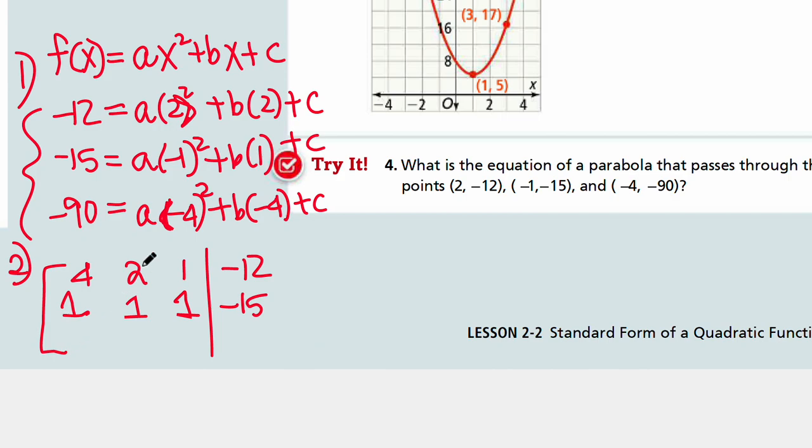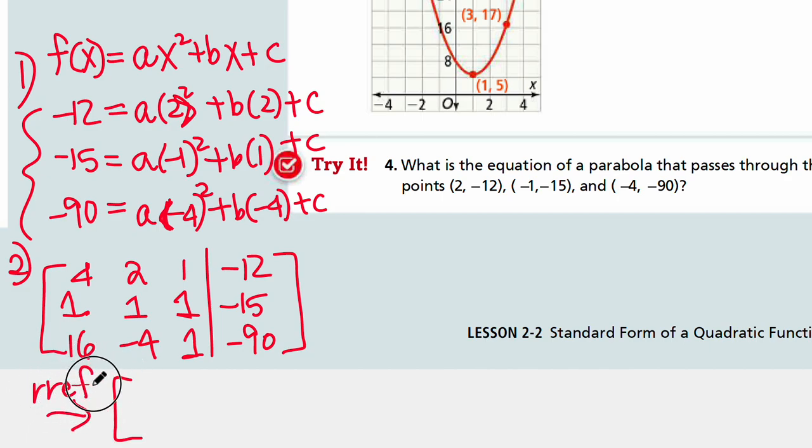And then you have positive 16, -4, positive 1, and -90. And then reduced row echelon form will give you 1, 0, 0, 0, 1, 0, 0, 0, 1.